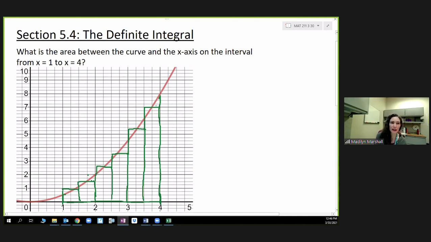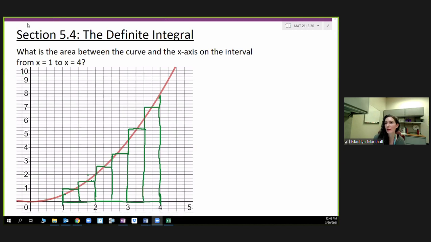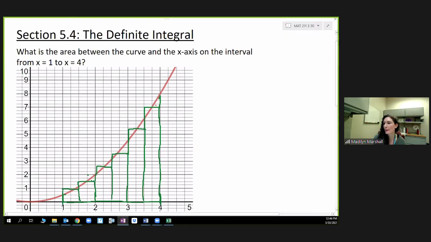And now it's still not exact, but there's going to be less of these mismatchy edges. And so if we make more and more rectangles, the closer our approximation is going to be. So more rectangles means better approximation.